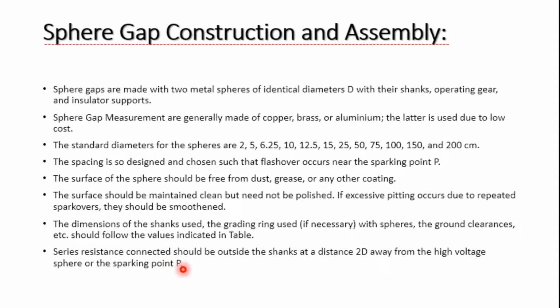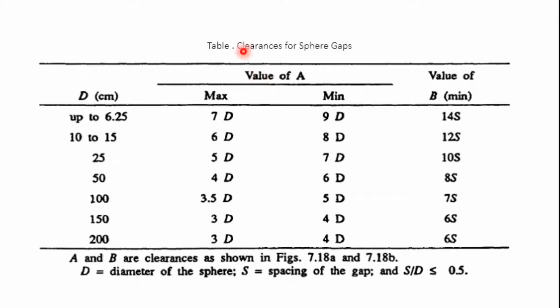Otherwise, the presence of an earth object or the resistance will lead to early breakdown, or sometimes the breakdown may increase depending upon the position. The series resistance is used to limit the current flowing through the element. In our laboratory we are using a water column as a rheostat, or series resistance, for the high voltage experiment. So these are the clearances for the sphere gaps.